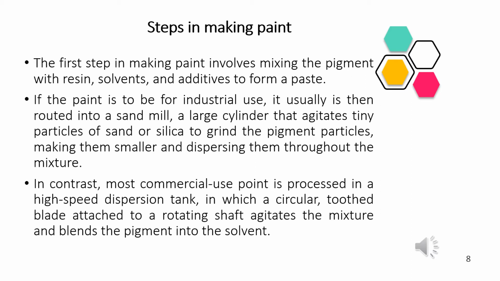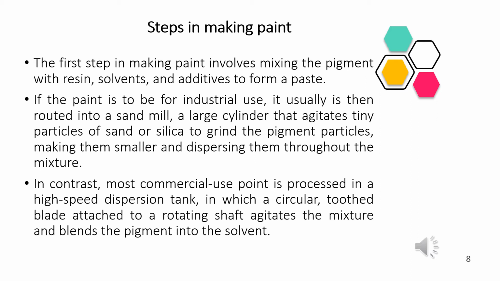So, for the production of paint industrially, a sand mill is used. For the rotation of the pigments and the substances, a sand mill is used. The paint is routed into a sand mill.